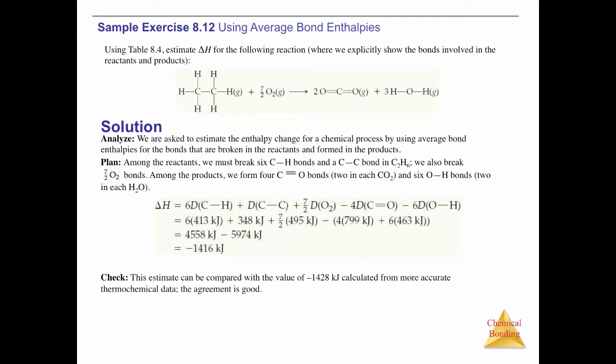Among the products, we form our carbon-to-oxygen double bonds, 2 in each of the two carbon dioxide molecules, and then 6 OH bonds, 2 in each of the water molecules. Again, our math values are all tabulated. We have the sum of the bonds broken minus the sum of the bonds formed. And we can also check this estimate based on calculated values, and there's a good agreement there.